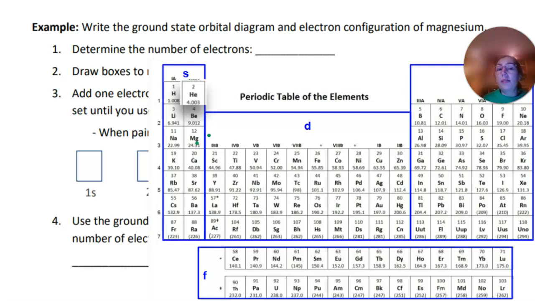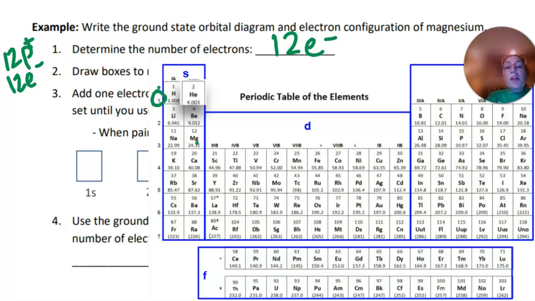It's atomic number 12. So that means that it would normally have 12 protons, and if it's neutral, 12 electrons. So number of electrons, 12 electrons. We can draw boxes to place all those electrons. But let's just think it through.